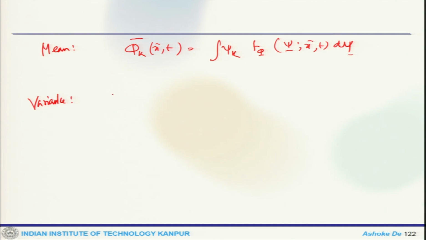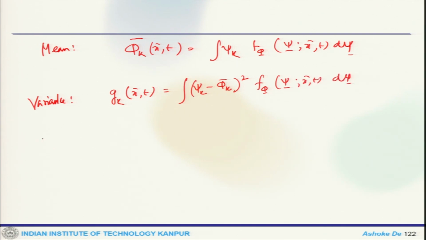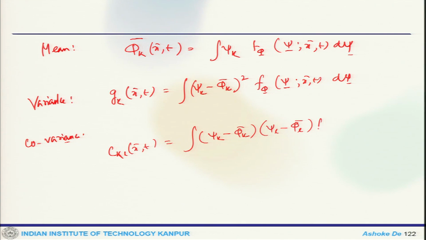The mean phi k bar at x, t would be the integral of psi k times f phi of psi, x, t d psi, and the variance would be the integral of psi k minus phi k bar squared times f phi of psi d psi, and the covariance C k l at x, t would be the integral of psi k minus phi k bar times psi l minus phi l bar times f phi of psi, x, t d psi.